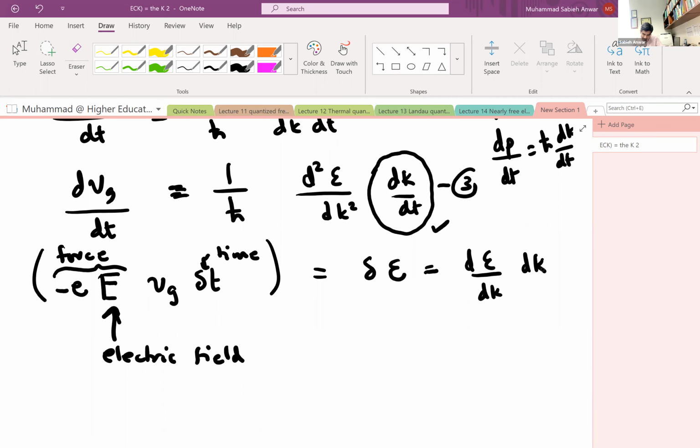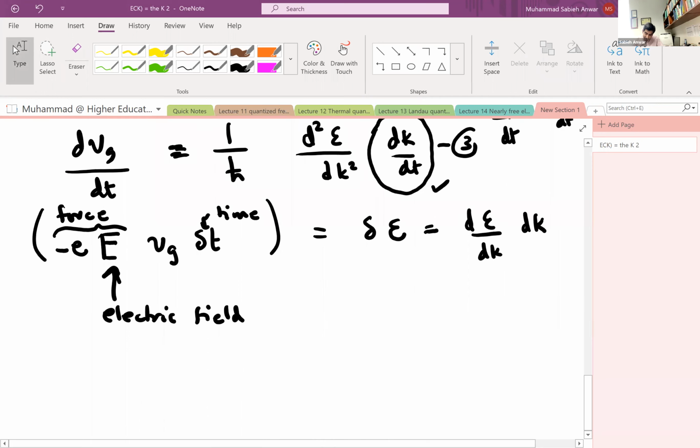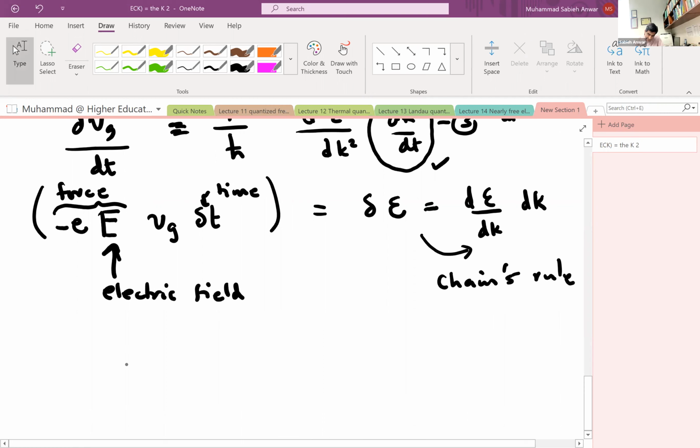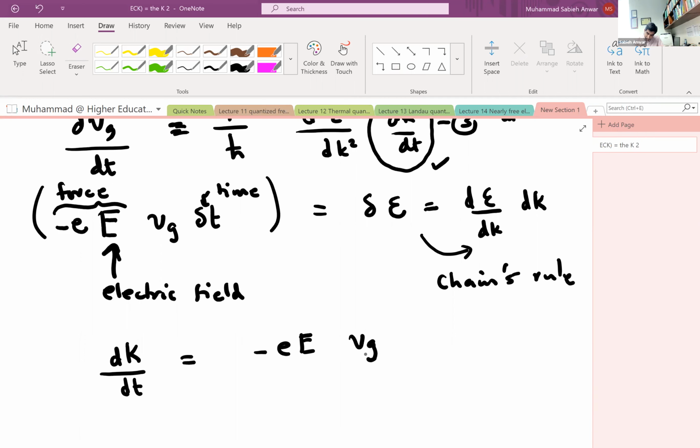So this is from the chain rule. What this means is that I could write dk over dt as minus E times Vg.